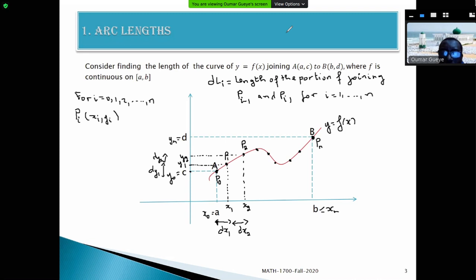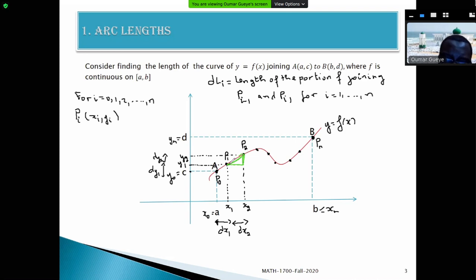I'm just going to change the color. To approximate, I want to calculate this dli, the approximation. I'm going to create a rectangle, the green rectangle. You can see here, the hypotenuse is really close to the length of the curve joining p1 and p2.